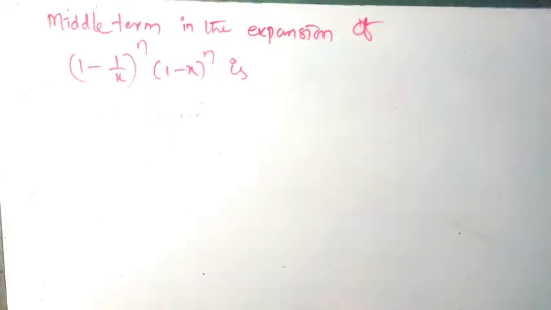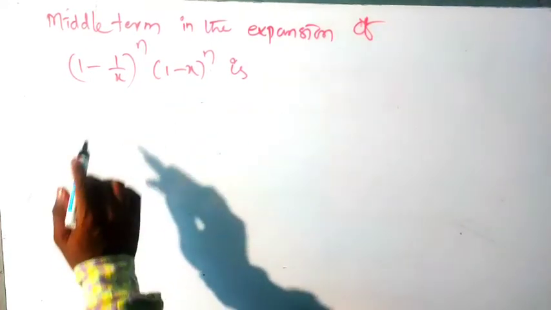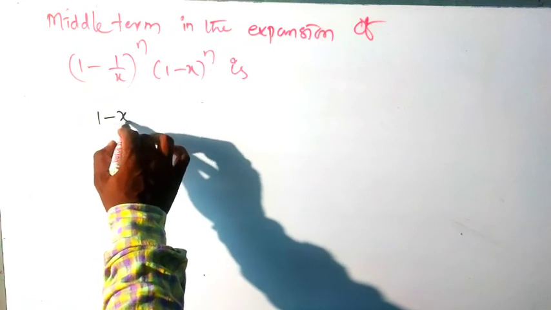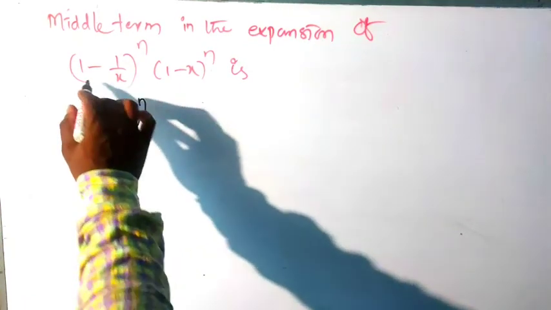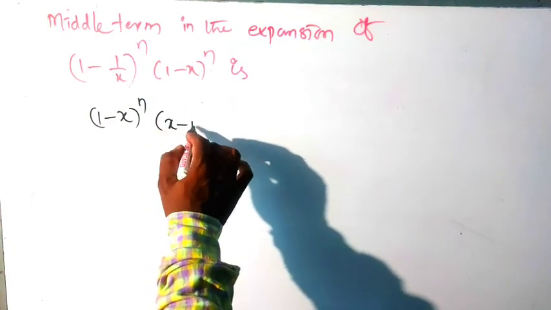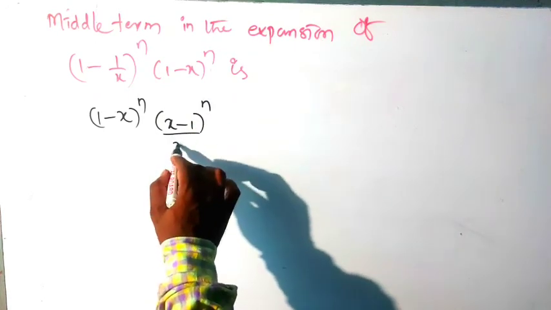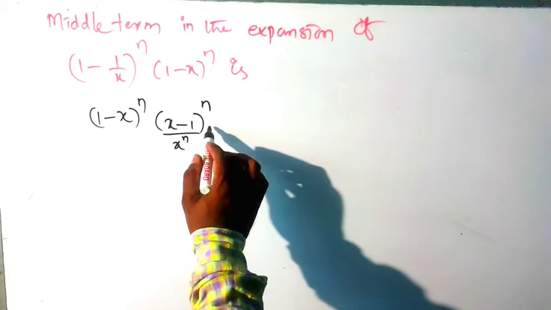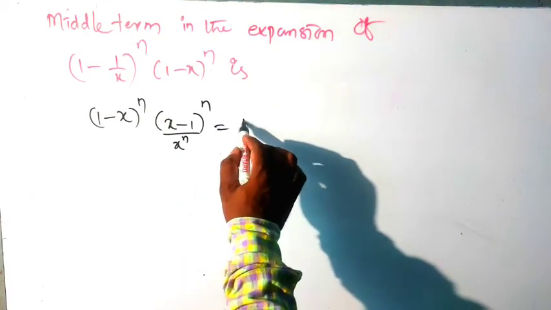Next: the middle term in the expansion of (1/x - 1) whole power of n. So how to find it? See here, we can write (1/x - 1) whole power of n as ((1 - x)/x) whole power of n.